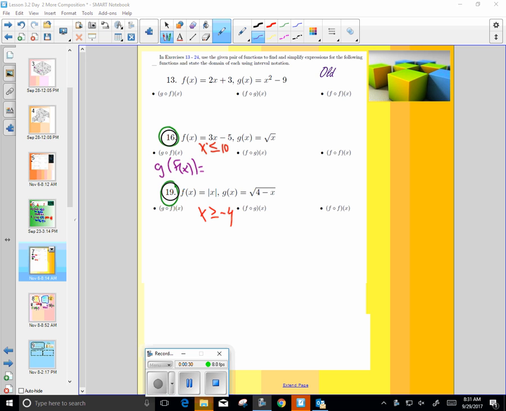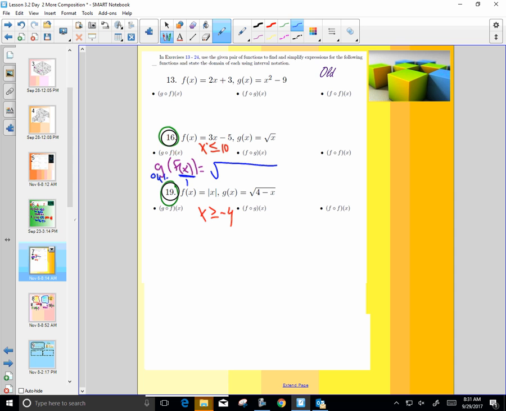That is going to be, which is the outside, g or f? G is the outside, so write that first, square root of x. But instead of x, what do we put in its place? The inside. So it's 3x minus 5. Are you okay with that? G of f of x.